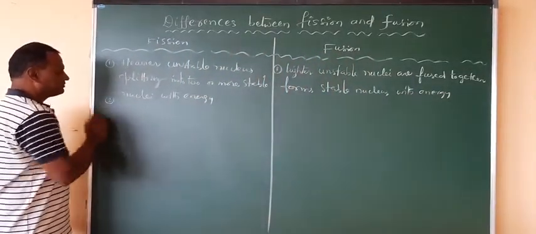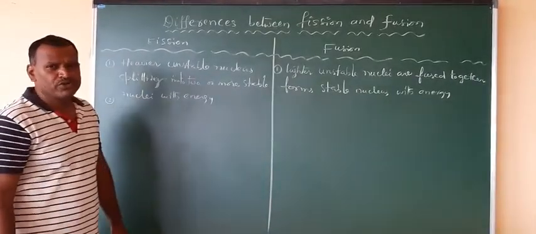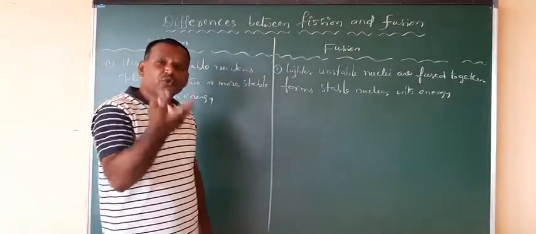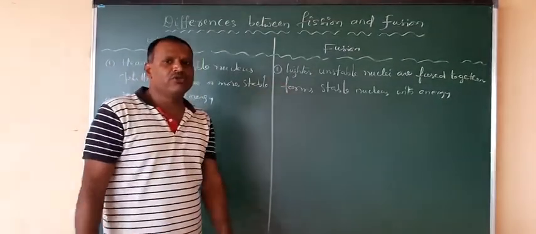The second difference: what is required to make the fission reaction? Neutrons are required. Slow neutrons are bombarded on the fuel, uranium, right?